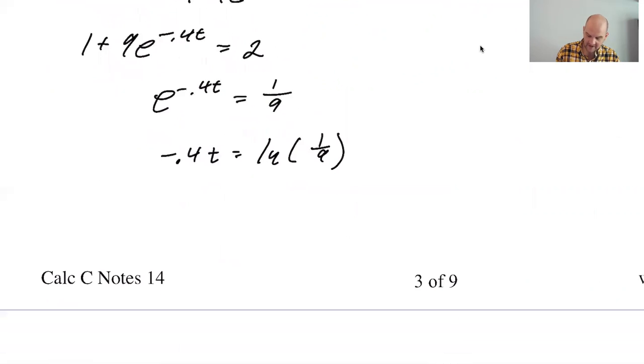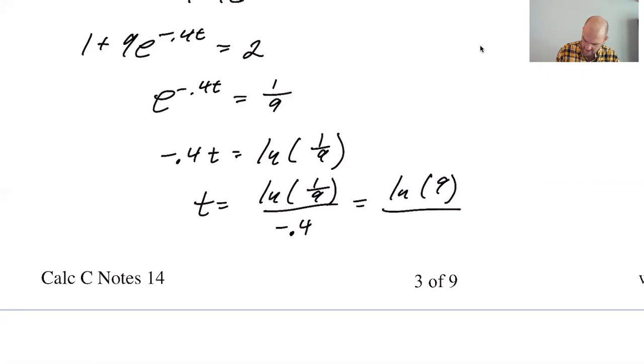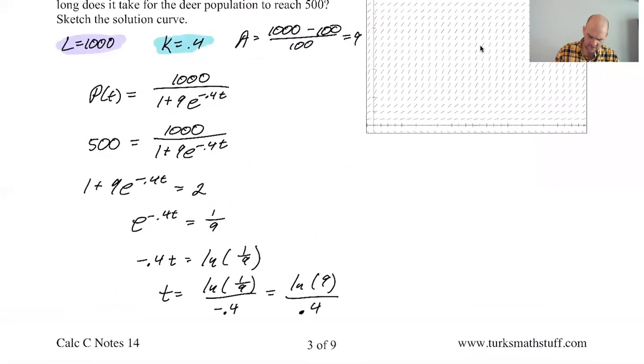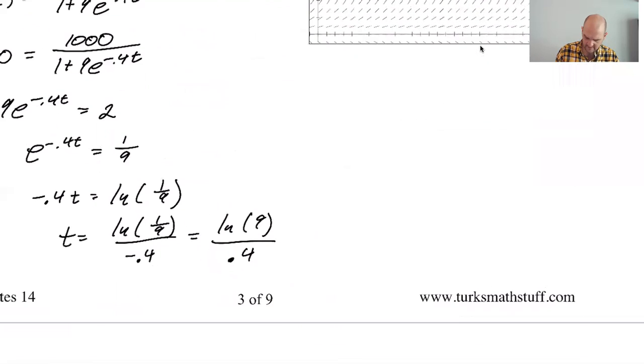So we're getting the result we expected, the natural log of A divided by K, but I also think it's not worth memorizing. So the natural log of 1/9 divided by negative 0.4 is the same as the natural log of 9 over 0.4, for the previously discussed reasons. So that is the time. We could write a sentence about that, but all right.